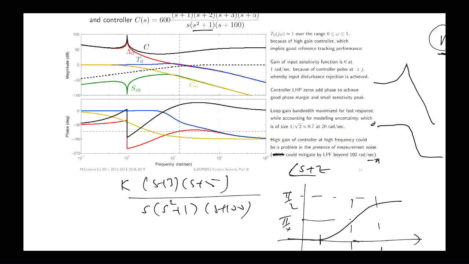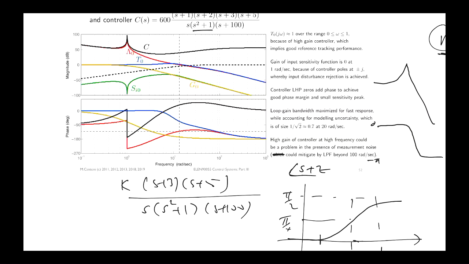So what the zeros here are doing is bringing the phase back up above minus 180, to give us a positive phase margin, a phase that sits above minus 180 at the crossover frequency. Each of those zeros contributes pi on 2 radians of phase across frequency, so having two of them brings this back up.